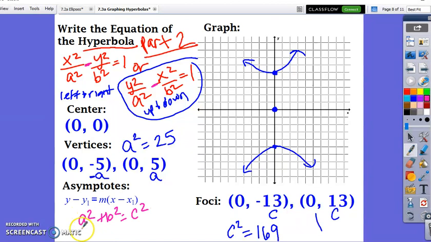So a squared was 25 and c squared was 169. If I subtract 25 on both sides, I'm going to get b squared equals 144. So my equation is going to be y squared over 25 minus x squared over 144 equals 1.